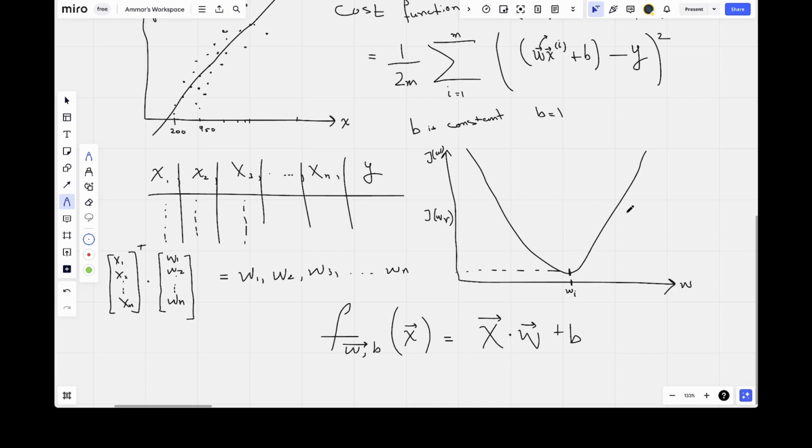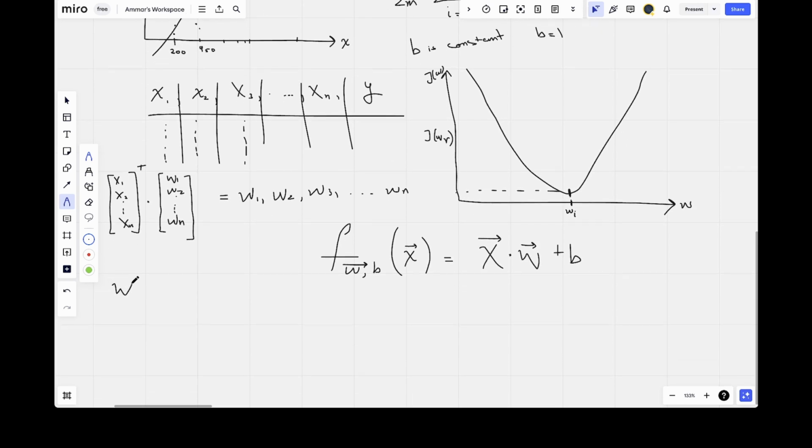So how do we find the best possible value for w that gives us the lowest value for j, right? What we are trying to do is to minimize the cost function. We want to get to the very bottom here, right? So assume that w is set as some random value.